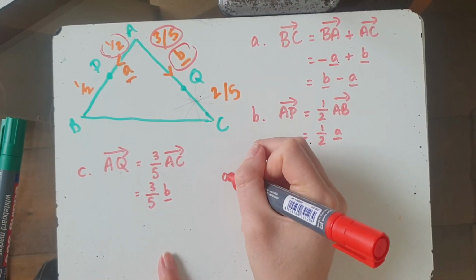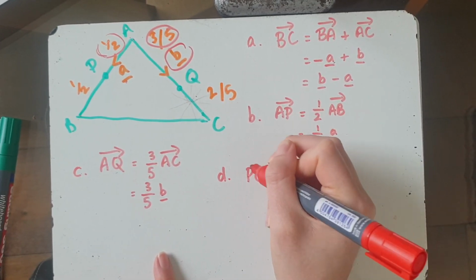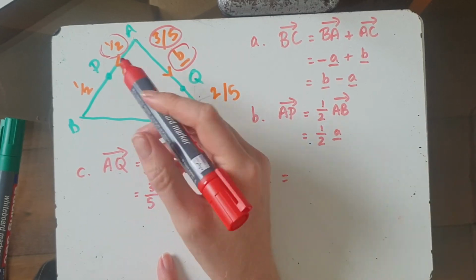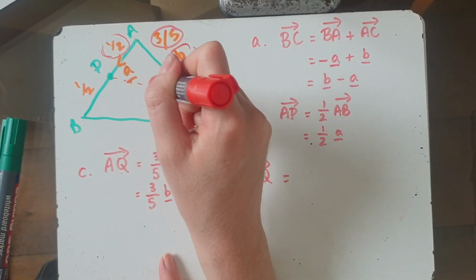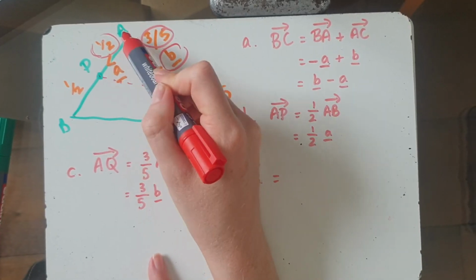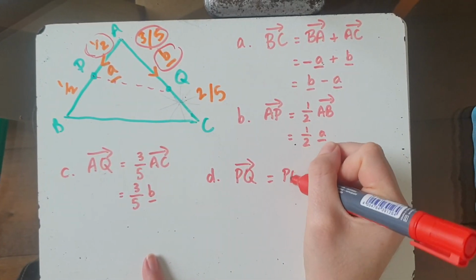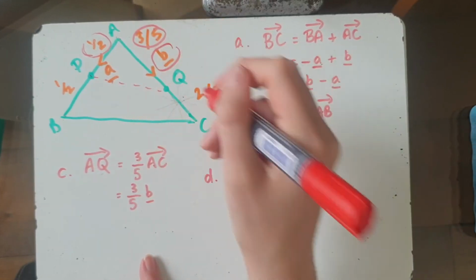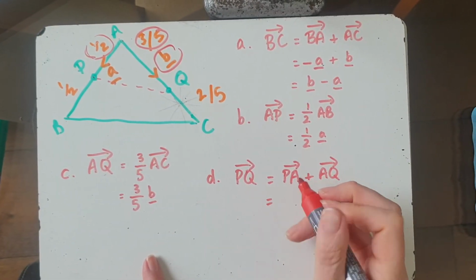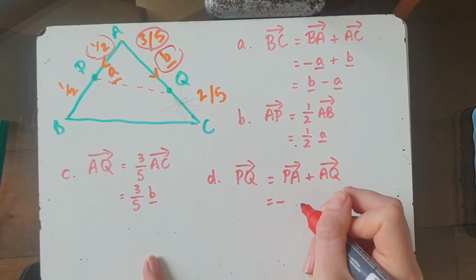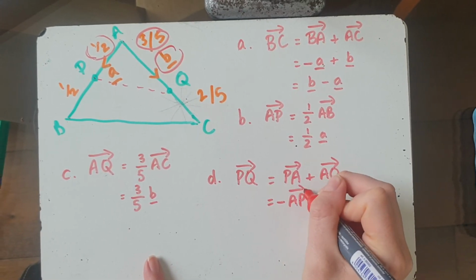And then finally, PQ. We can't go straight from P to Q, but we can go from P to A and then from A to Q. PA is the negative of AP, always.